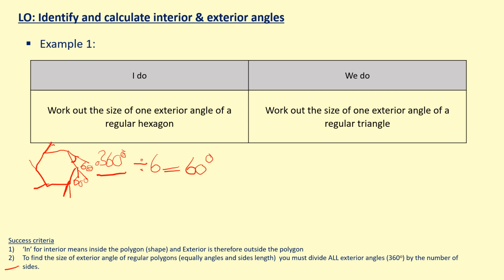Sorry about my poor lines on this one. And the reason I've had to draw this, remember, is so I can see a good visual of, oh yeah, this is a hexagon, this is how many sides it has. So now, have a go at the we do.